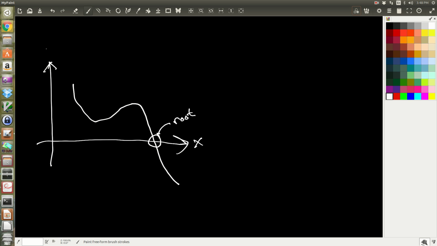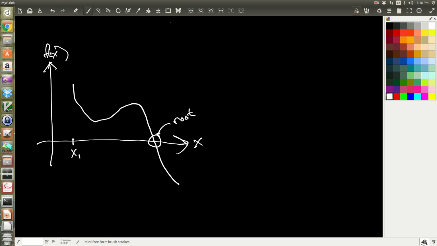So this is x, this is f of x. Then let's say we give it an initial guess right here. Call this our first guess, x1.